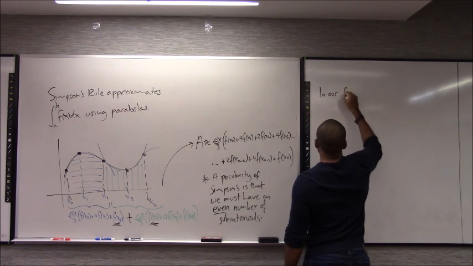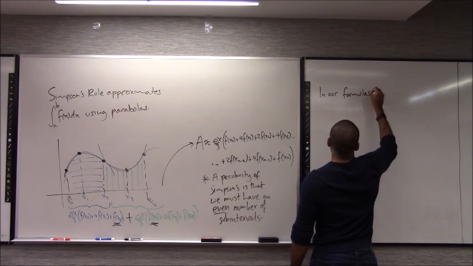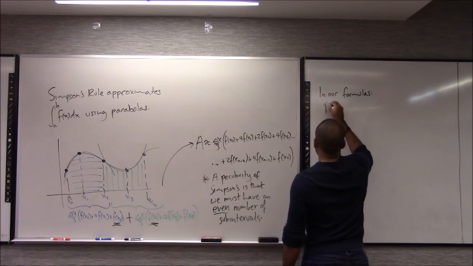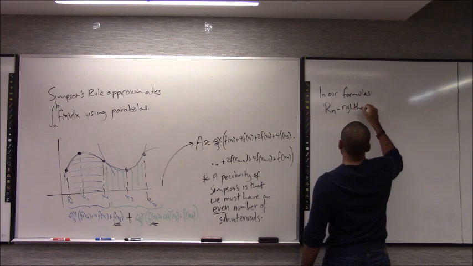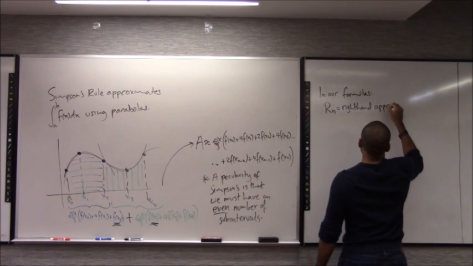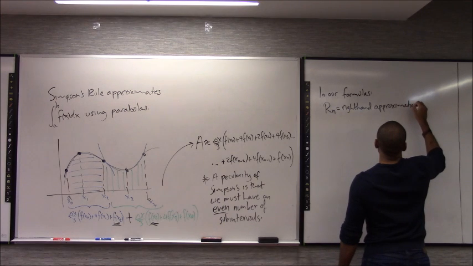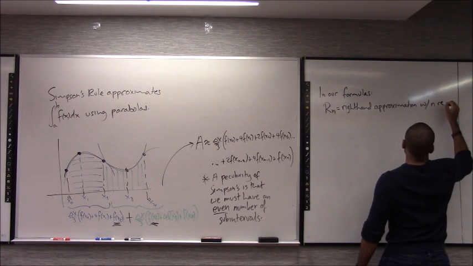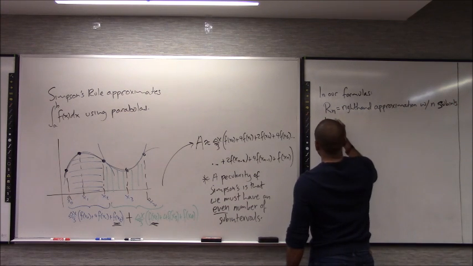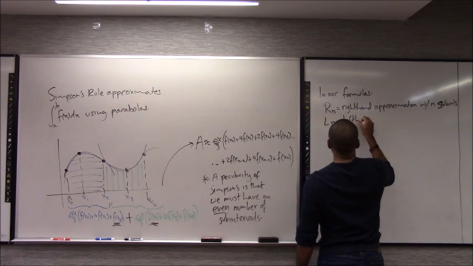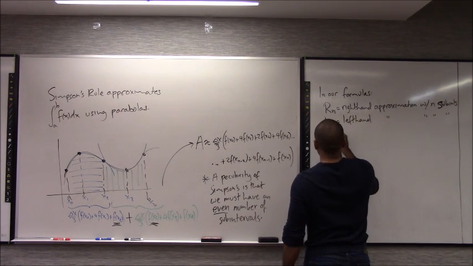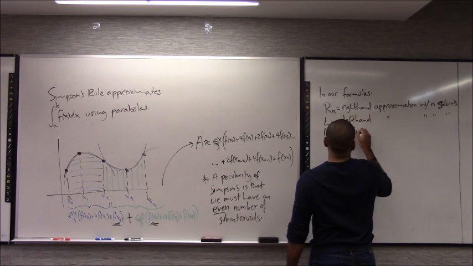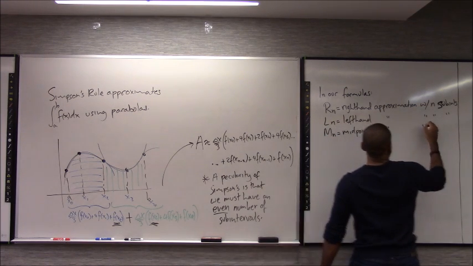In our formulas, if you see R sub n, this means right-hand approximation with n subintervals. If you see L sub n, that means left-hand approximation with n subintervals. If you see M sub n, it means the midpoint approximation with n subintervals.